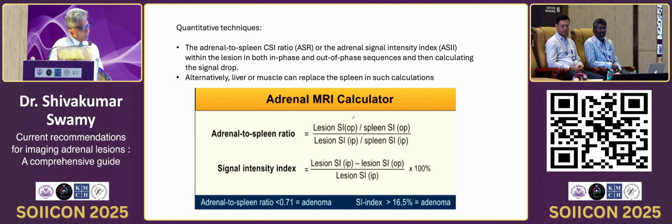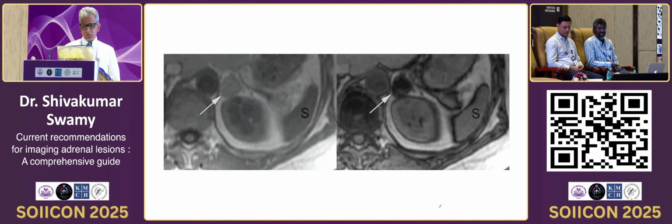You can actually get a quantitative number based on the signal intensity ratio of adrenal to spleen, or to the adjacent organs, the liver or the muscle. For adrenal to spleen, less than 0.7 is the cutoff value for adenoma, and for liver and muscle, more than 16.5 is considered adenoma. When you have fatty infiltration of the liver, you have to use the muscle instead.